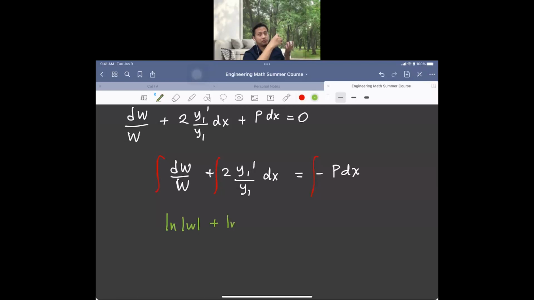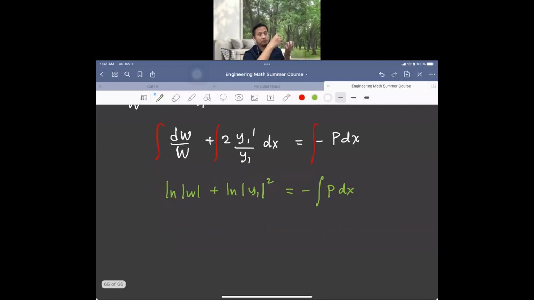Now this will be ln w plus ln y1, right? And the 2 becomes squared here, and then equal negative integral of p dx. And let me just write plus c, the constant from the left.